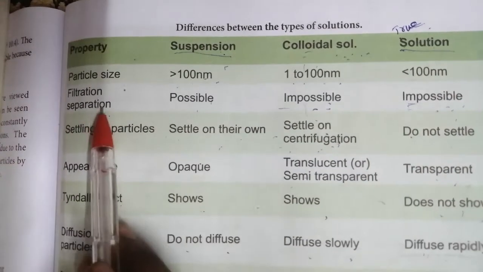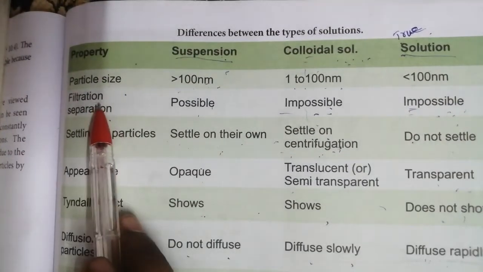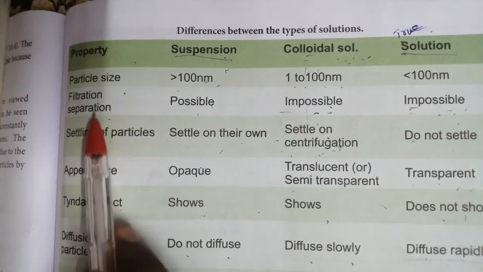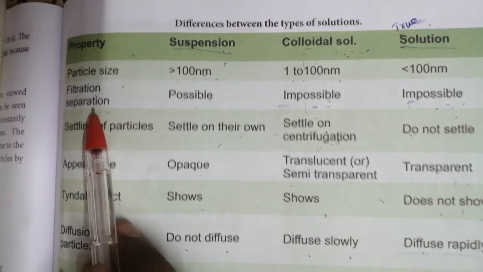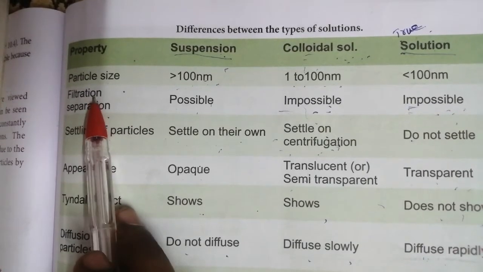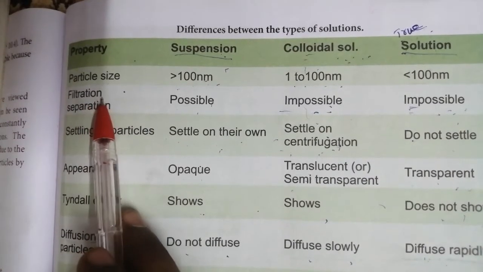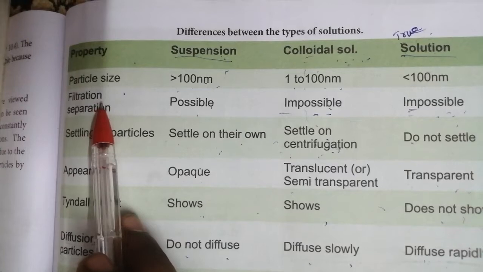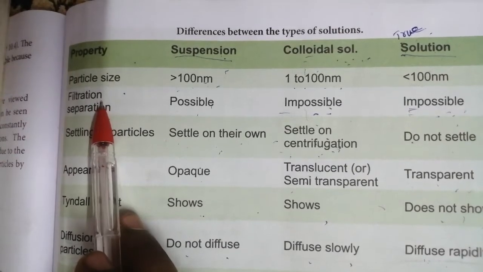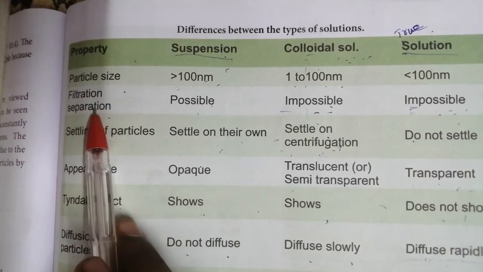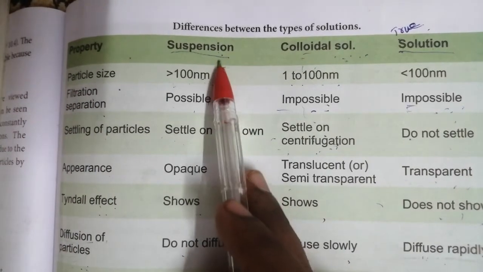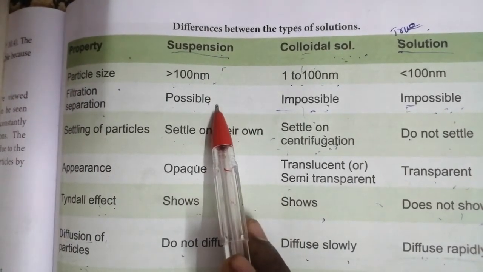Then see the second property, filtration separation. If the particle size is bigger, we can use the filtration method. If the particles are very minute, we cannot filter them, right? So is the filtration separation method possible in suspension? Possible, right?